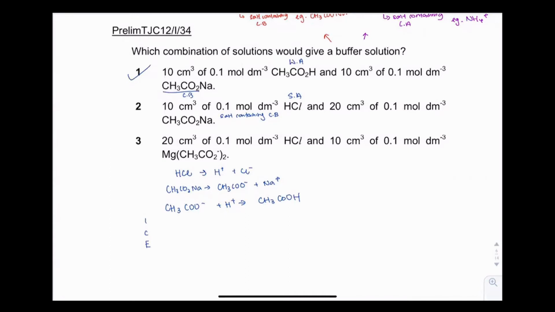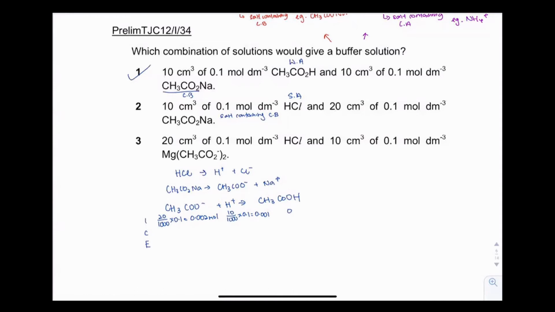I have 20 over 1000 times 0.1. That will give me 0.002 moles. And the H+ comes from HCl, and I have 10 over 1000 times 0.1, which is equal to 0.001 moles. At the beginning, I have no weak acid.